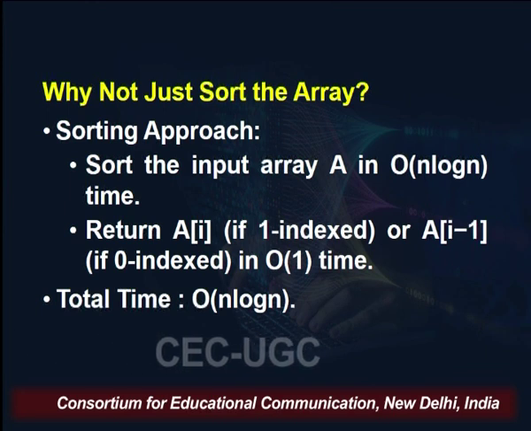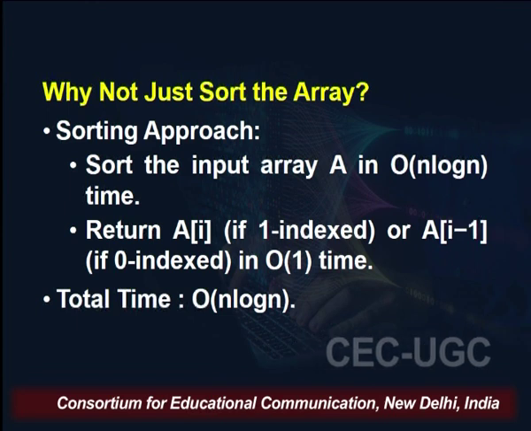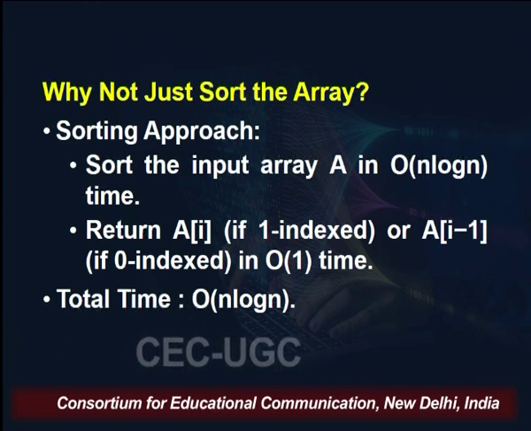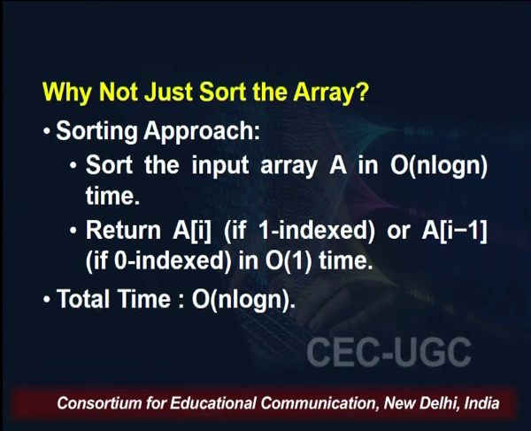So, if my array is sorted, or let us sort the array in n log n time, then reporting that particular A[i] will not take more than a constant amount of time, which is order 1 time. So the total, which is the sum of these two steps, one to sort the input array and the other to report A[i], is going to take order n log n.